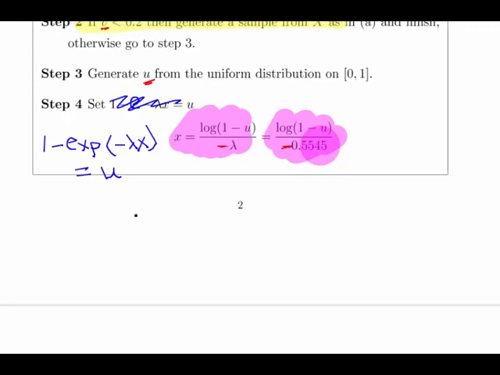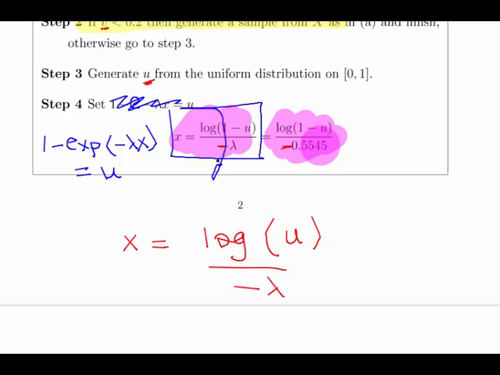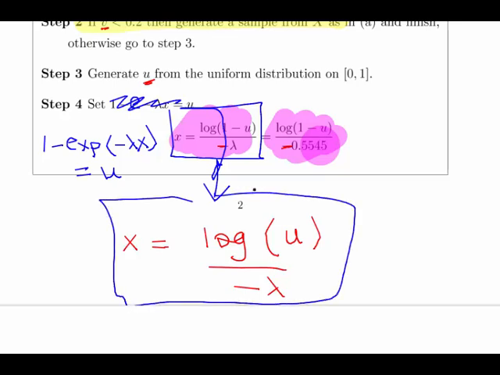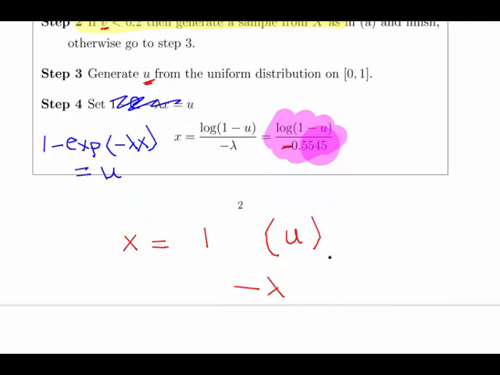What you might see on occasion is something like log of u over minus lambda. You might see this going down to this and you're thinking, what happened here? Why did 1 minus u become u? The reason is that u and 1 minus u have the same distribution, the same characteristics.